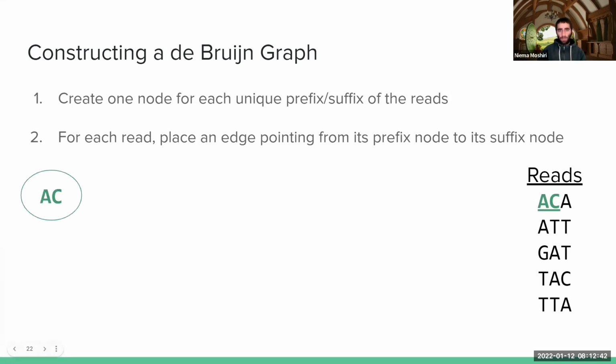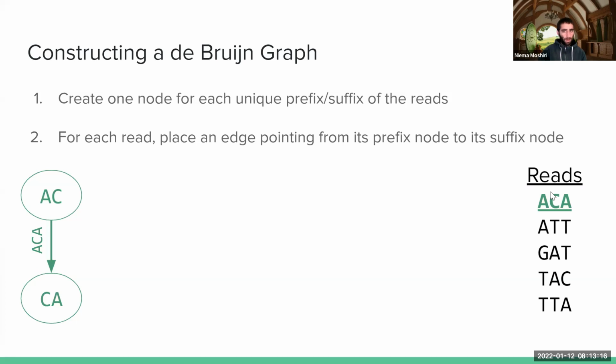I look at the first read, and I see that the prefix is AC. So I create a new node for the 2-letter string AC. Then the suffix is CA, so I create a new node labeled CA. And then I put an edge from AC to CA, from the prefix to the suffix.